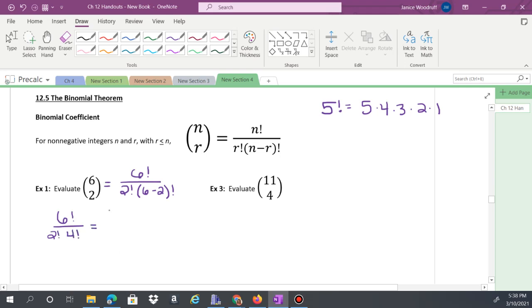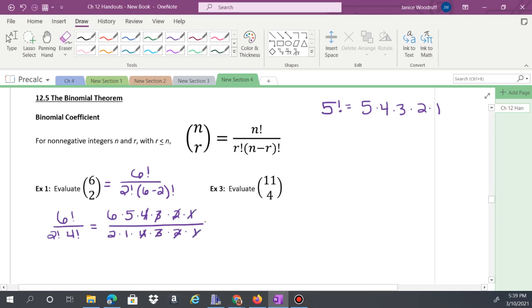You can work that out. You can go like this, 6, 5, 4, 3, 2, 1, and then 2 times 1 times 4 times 3 times 2 times 1. What ends up happening is these 4's cancel, these 3's cancel, these 2's cancel, and these 1's cancel.